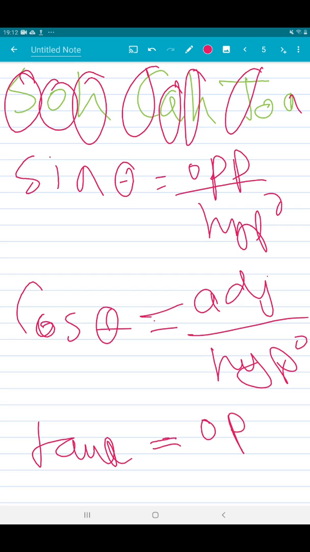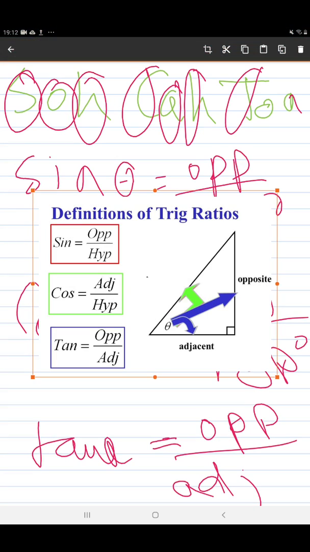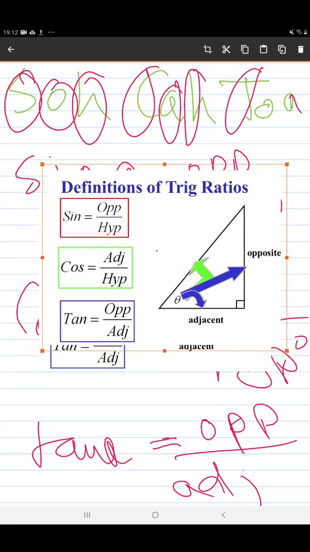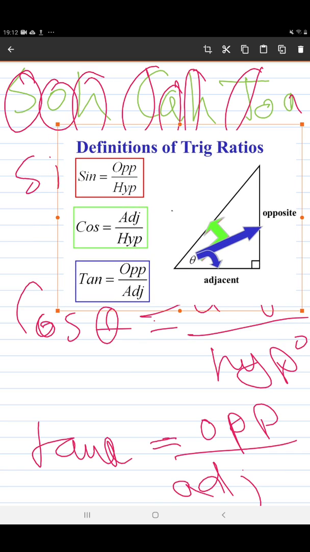Now you can look at this picture. This is the definition of the trigonometric ratios. Sine opposite over hypo, cosine adjacent over hypo, tan opposite over adjacent.